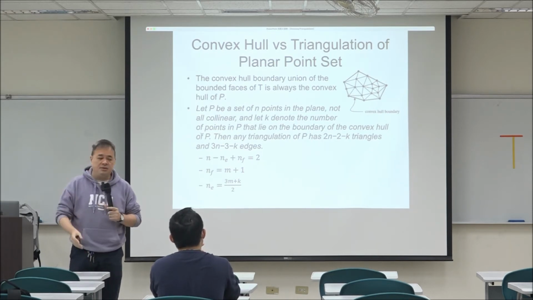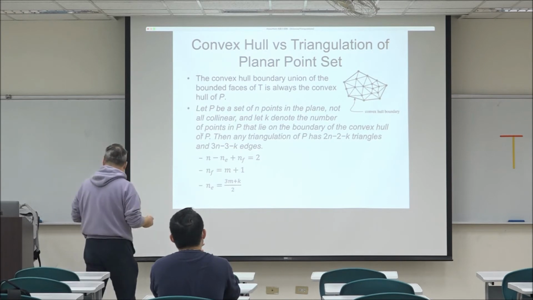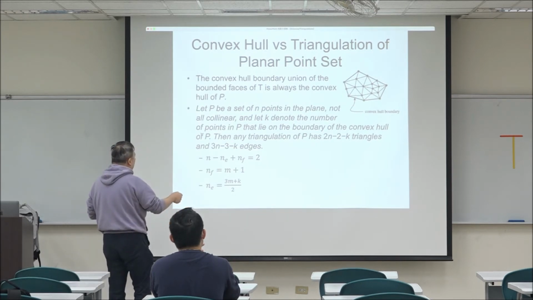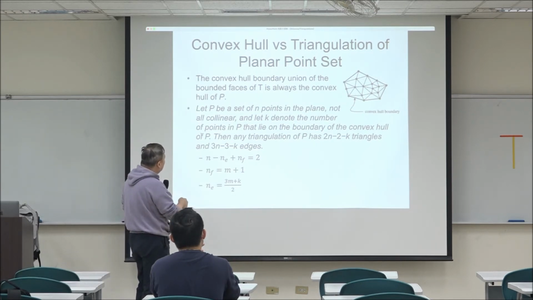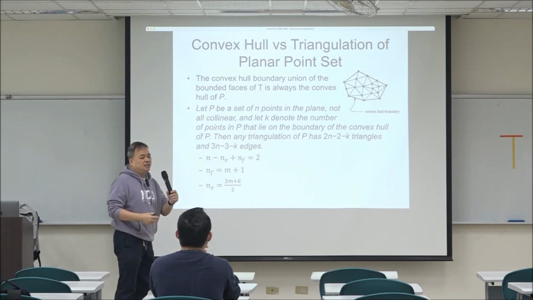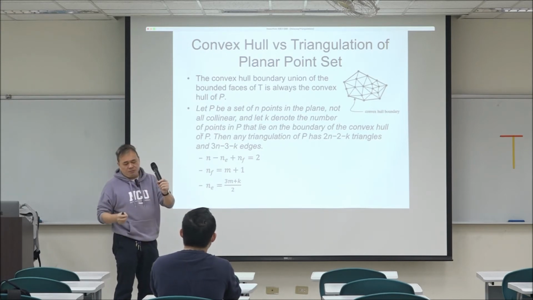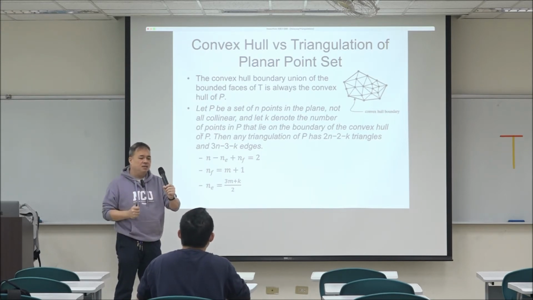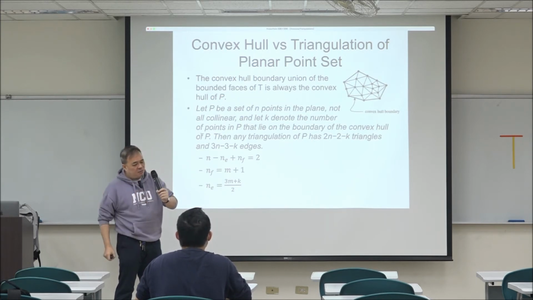So you have to make sure these n points are not all collinear. You don't have to guarantee that every 3 points are not on the same line. You just need to make sure at least one point is not on the same line as the other points.